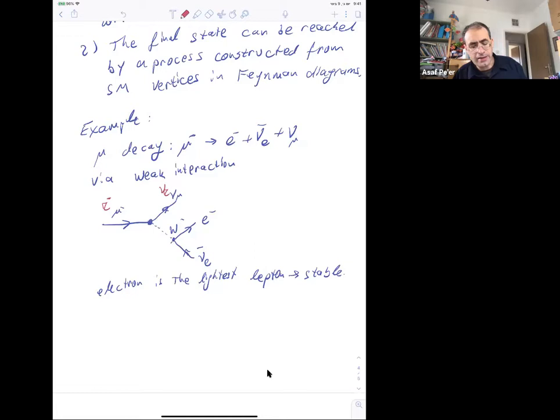The only difference is that because the tau is heavier than the muon, the outcome of the decay of a tau could be both the electron and the anti-electron neutrino, but also the muon and the anti-muon neutrino. The tau has two ways to decay.